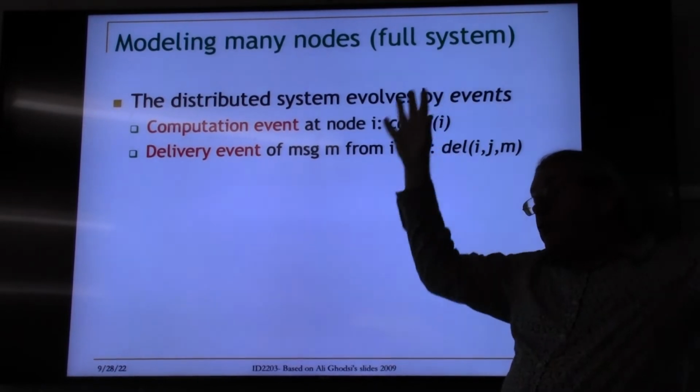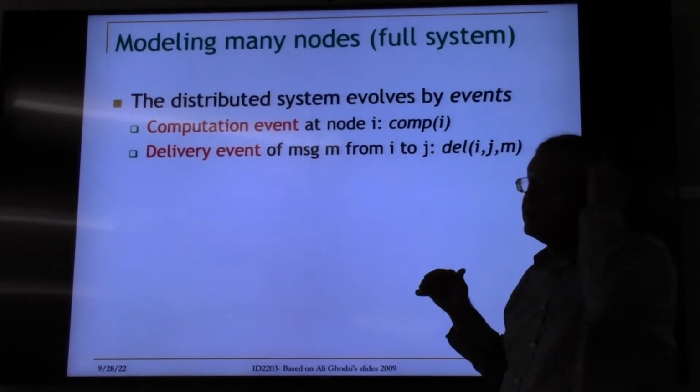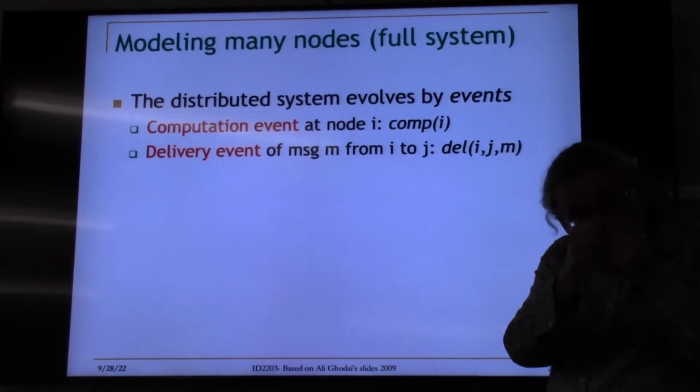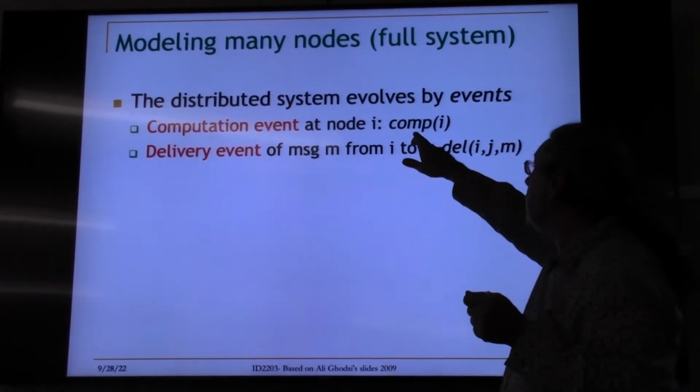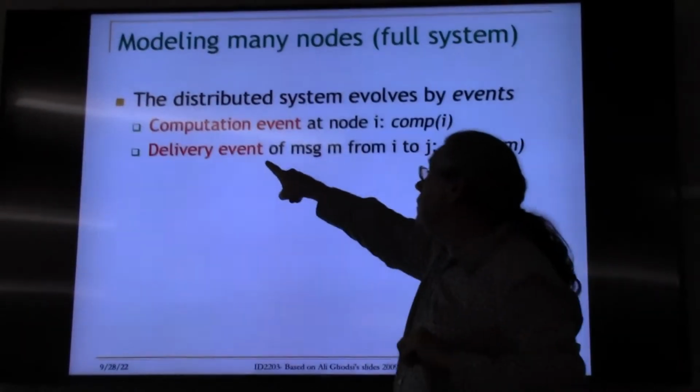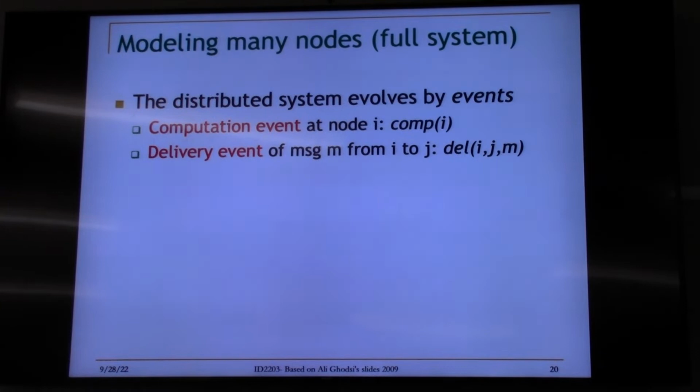So for the whole system, there's two kinds of things that can happen. Either each node is doing a computation, basically reading the inbuffs and doing the local computation, or it's doing a delivery event. Delivery event is actually the magic transition of M from here to here. This is called the delivery event.